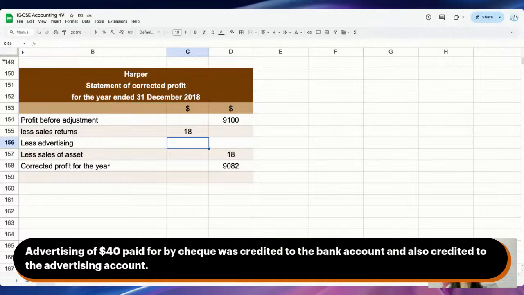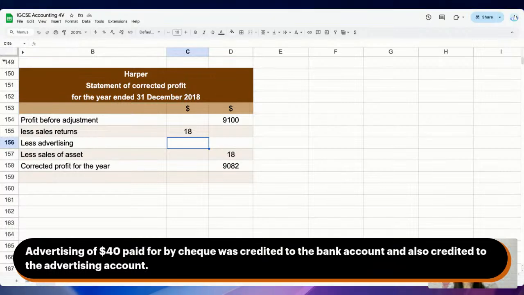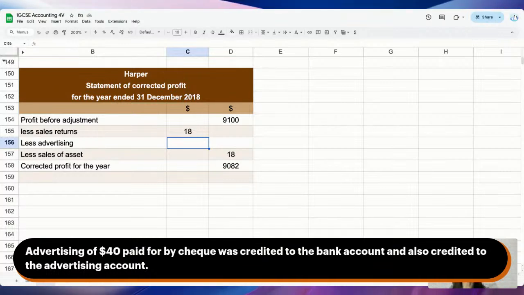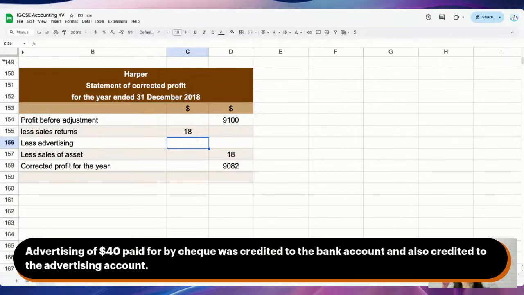Bank is an asset, so a reduction is a credit. It was also credited to the advertising account. When advertising increases, it is a debit. Advertising is an expense, so that's why it has to be a debit.